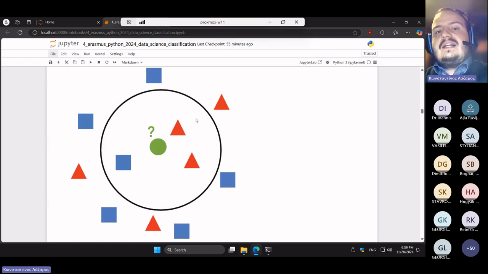We might employ a second kind of criterion, like an error function or something similar, in order to tell the algorithm that this category, for example the red triangles, is more important compared to the blue rectangles. So if you have a balanced number of nearest neighbors, you should give more gravity to this particular category.